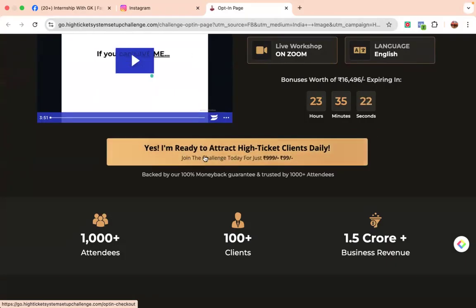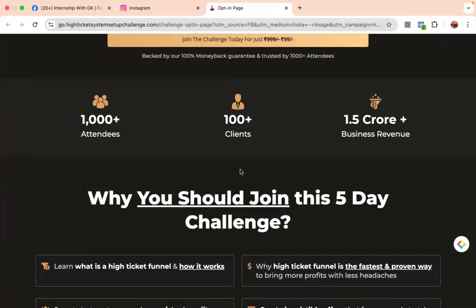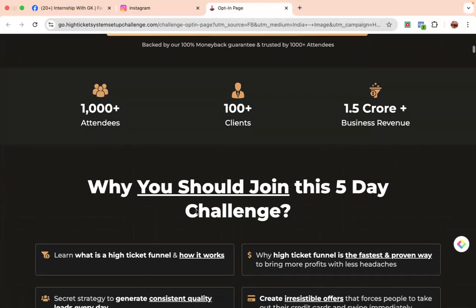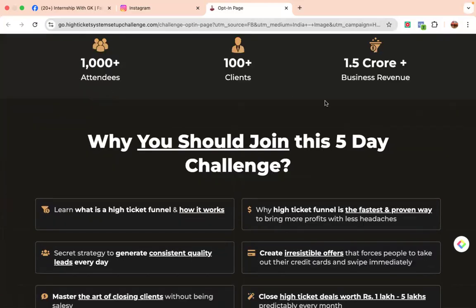The gentleman wants us to join his challenge after paying a certain amount. The remaining part of the landing page is designed around building trust and confidence amongst the audience. So he says we have got 1,000+ attendees.